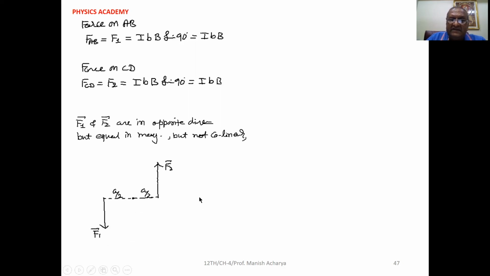Now, here see, let's represent only those forces, with respect to the reference point, that is the center of the loop. Now, force F1 and force F2 are mutually opposite. And the perpendicular distance between those two forces is equal to side A of the loop. So from the center, both the forces are at a perpendicular distance A by 2, A by 2.